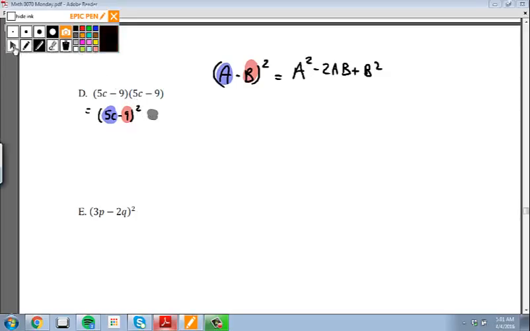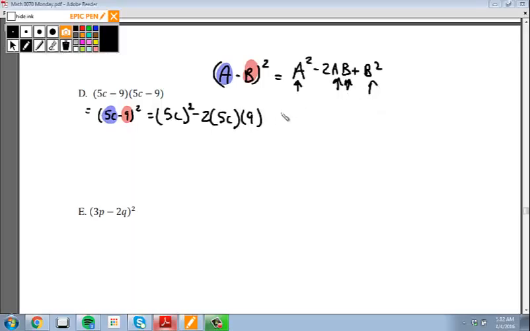So what I actually end up with is this lovely use of the formula. Whatever is first is squared, so the 5c squared, then minus 2 times both of these multiplied together, in this case the 5c and the 9 multiplied together, and then what's at the end squared, so the 9 squared.